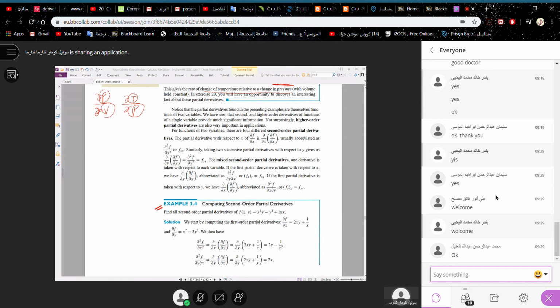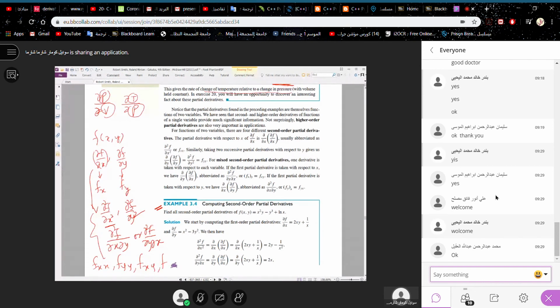Now the higher order derivatives: if we differentiate f with respect to x again, we get del 2f upon del x2, del 2f upon del y2, and del 2f upon del x del y, or del 2f upon del y del x. This is the second order derivative, and we denote them with fxx, fyy, fxy, fyx.